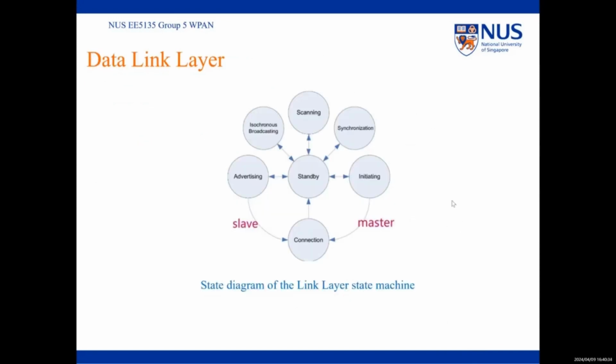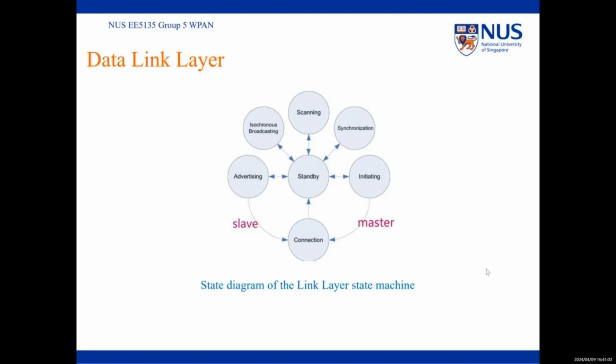As for the link layer, it sits above the physical layer and below the interface layer in Bluetooth Low Energy, and the controller aspect of BLE primarily operates within this layer. It outlines how BLE devices are controlled, how data is transferred, and how other functionalities are managed at the low level.